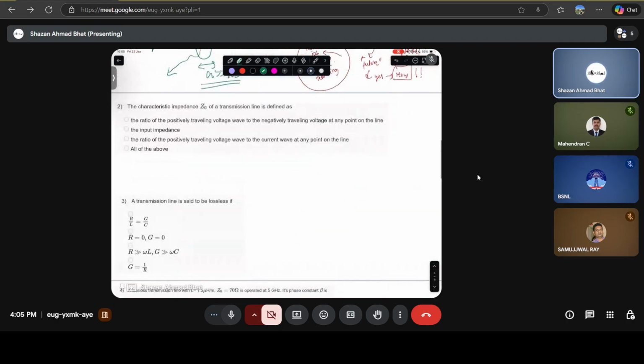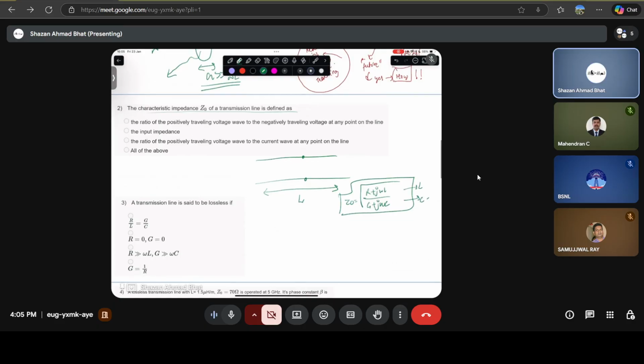Now the second question: the characteristic impedance of the transmission line is defined. We defined the characteristic impedance earlier, but it is also defined in terms of the currents and the voltages. How? If you have a transmission line of length L, its characteristic impedance is Z naught equals the square root of R plus J omega L divided by G plus J omega C. But this is in terms of the inductances and capacitances.